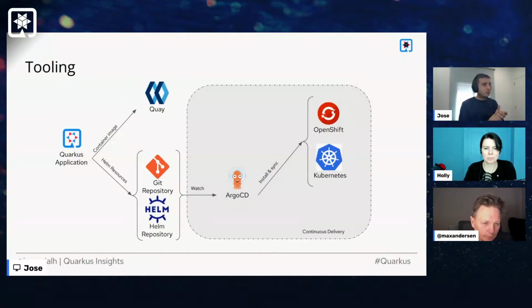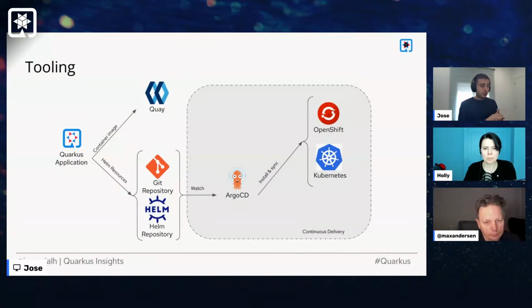So what is the continuous delivery workflow? Once you have deployed your application into Kubernetes, if you make some changes to the Kubernetes resources, you will need to somehow replace this application to update it with the latest changes. And this is where a continuous delivery tool comes into play. The tool we are going to use is Argo CD.